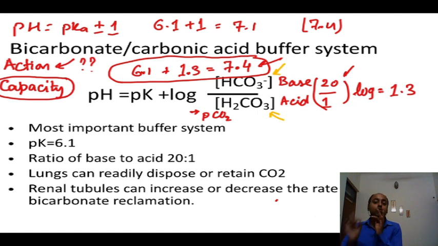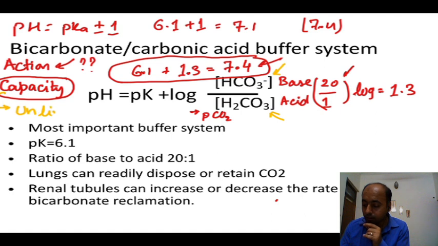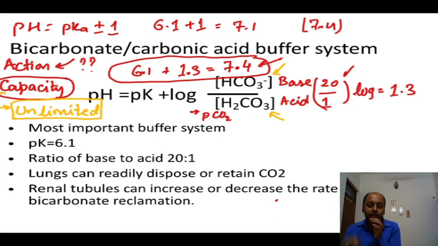The degree to which we can carry out this change is, you can say, unlimited. The buffering capacity of the bicarbonate buffer system is theoretically unlimited. With the help of the respiratory and renal mechanism, the bicarbonate buffer system has unlimited buffering capacity.